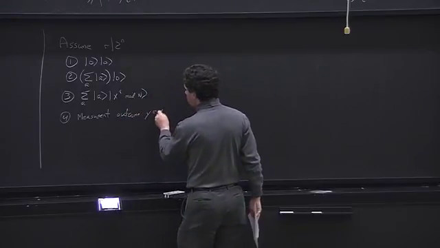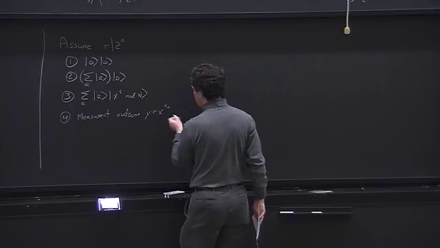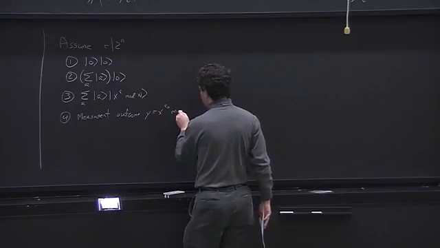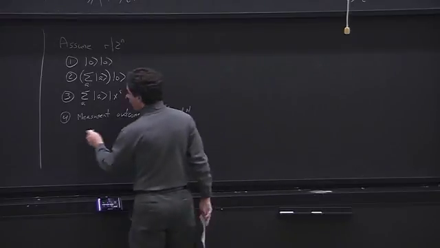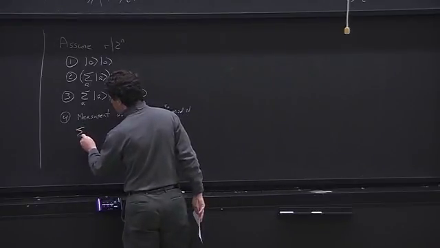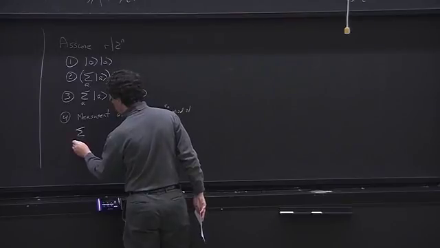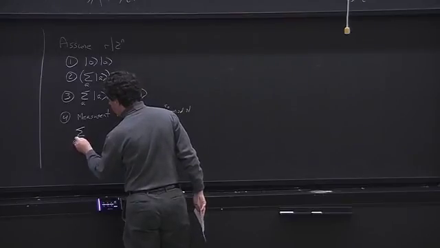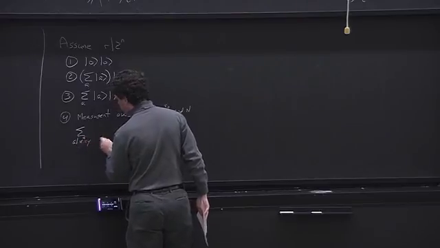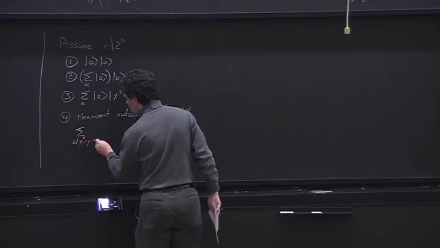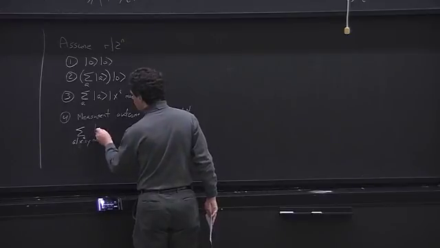For some particular value of a0, y is x to the a0 mod n. What we have left over for the rest of the state is the sum over a such that x to the a is equal to y mod n, of a.